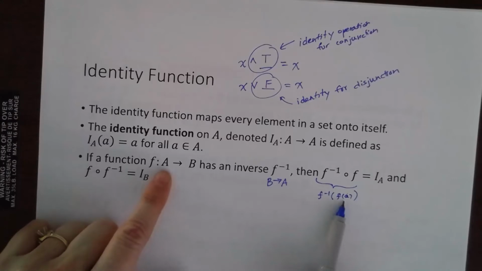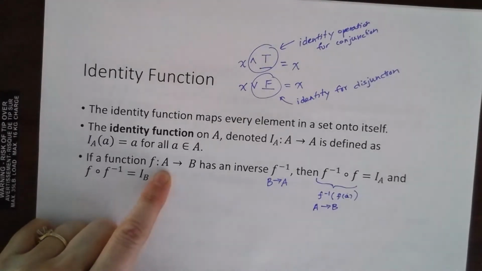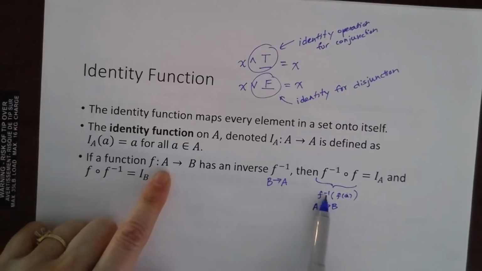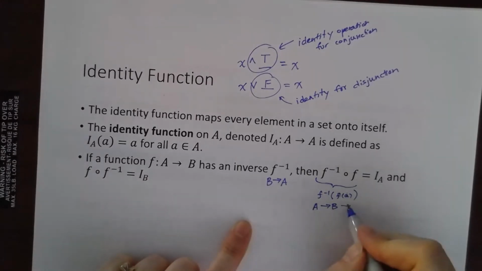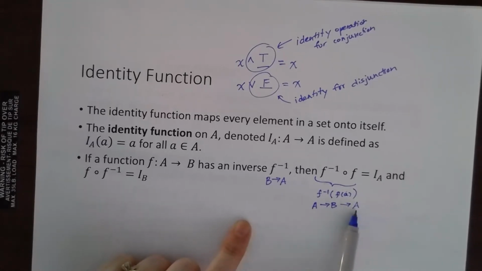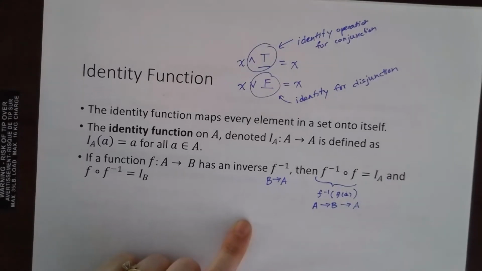It starts with A, and then it gives us something in B. Whatever value we got from B is going to get fed into the f inverse function, so that goes from B and gives us something in A. Notice the input will come from A, the output will be in A, and so what we're getting is the identity on A.